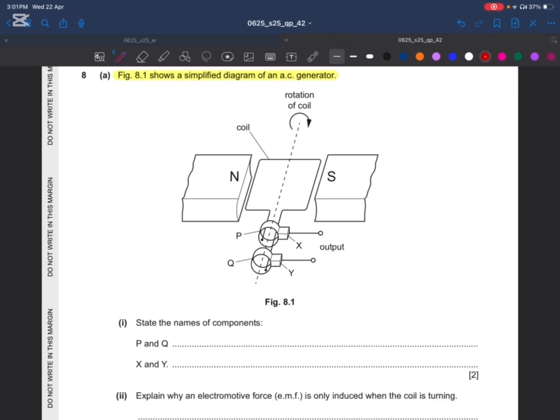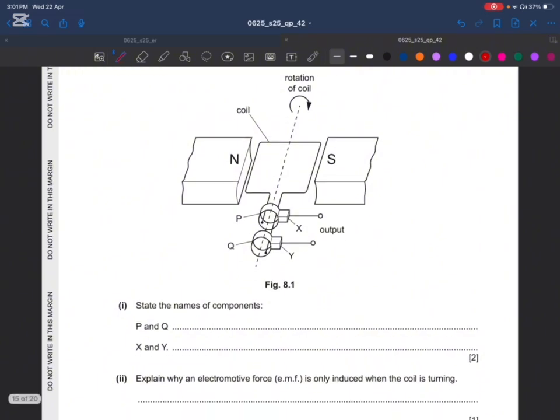And what they are asking, very simply, in the first part: state the name of the components P and Q. So P and Q are nothing but slip rings. Just write it here, slip rings. And what are X and Y? You know that X and Y are nothing but carbon brushes.